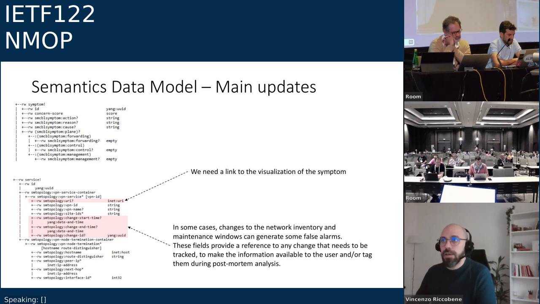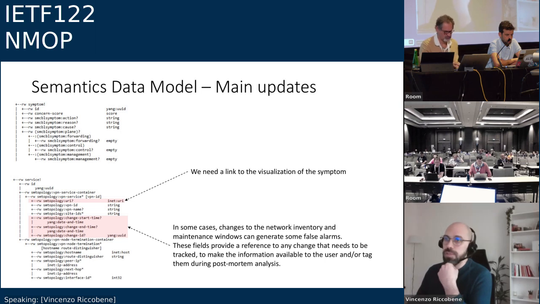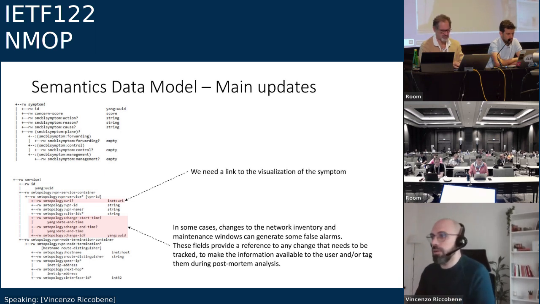The changes to the other draft substantially reflect the changes in the Yang model. Again, we added the URI in this case as well, for the same reason discussed above. We also added some fields, for the augmentation of the service container in particular, which are necessary to identify any changes made during maintenance windows or in the network inventory.